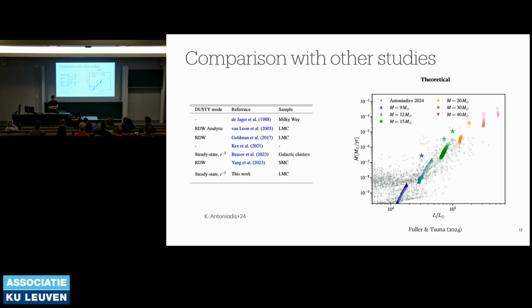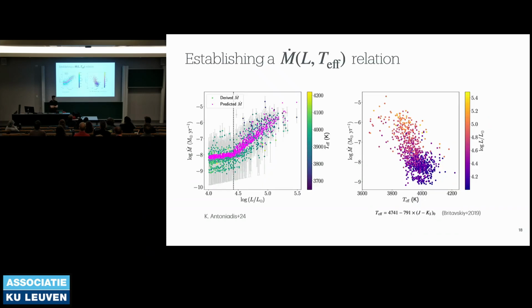And another one, a theoretical study that came up last year, is by Fuller and Tuna, that showed also an agreement with our results, not so much maybe for low luminosities, but the rest seems in agreement. And then we proceeded to derive a relation as a function of both the luminosity and the effective temperature.